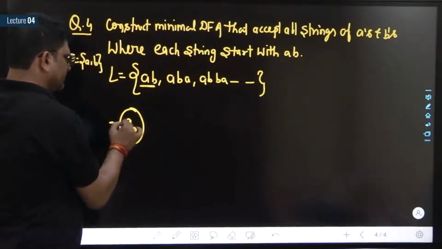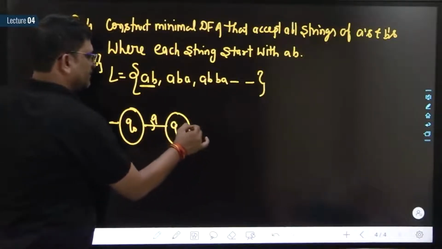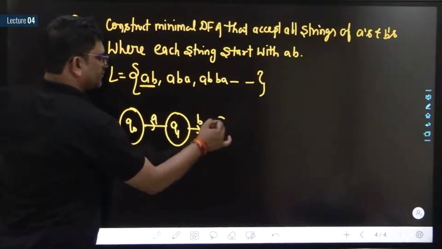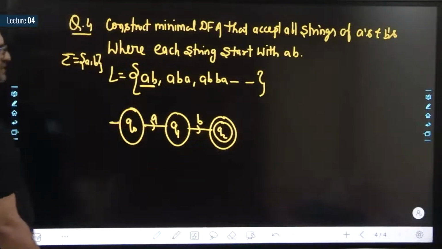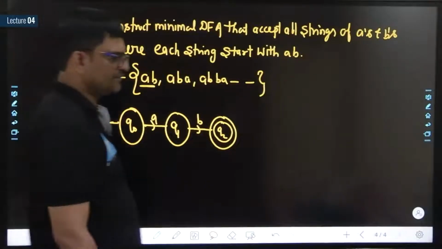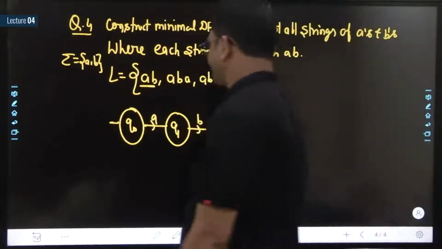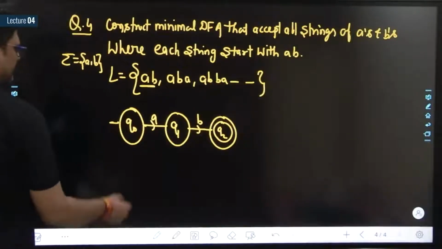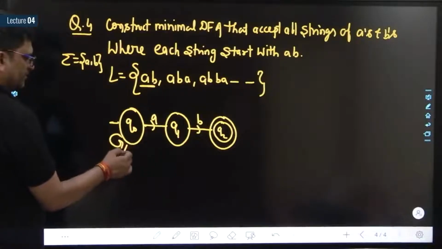Q0. Reading input symbol A, it goes into the next state. Reading input symbol B, it goes into the final state, Q2. This is our skeleton. Now make this skeleton a DFA. Can we give a transition on B here?